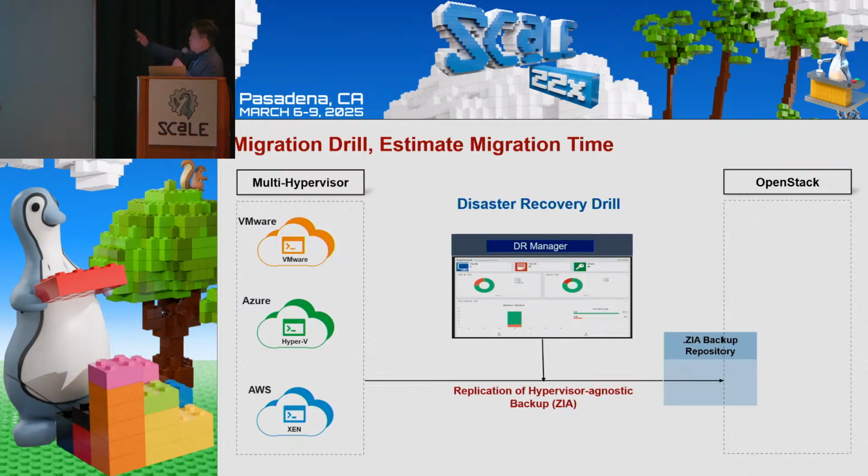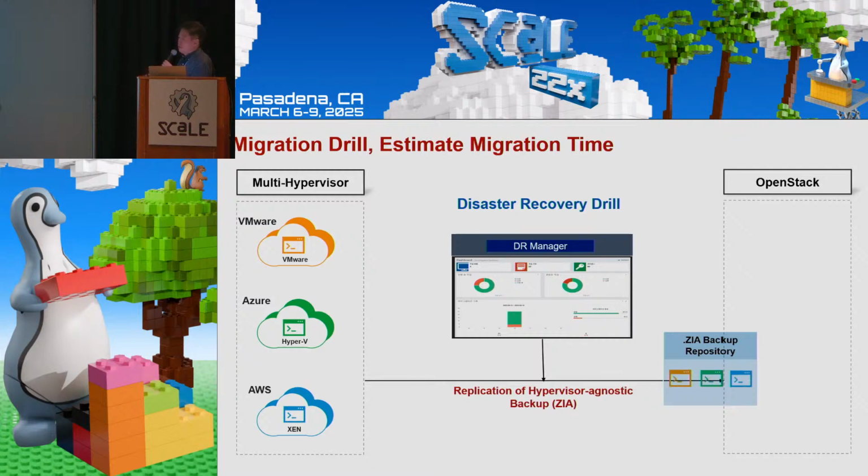Assuming the VMware on the left is a production environment, the OpenStack on the right is a disaster recovery environment. For disaster recovery services, the first step is to back up in a GR backup format.